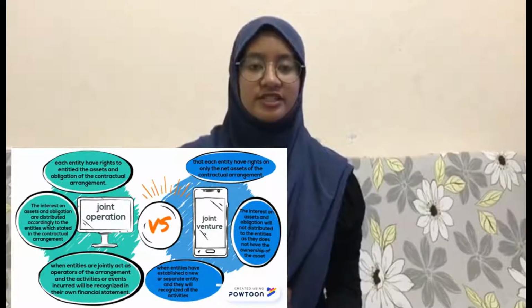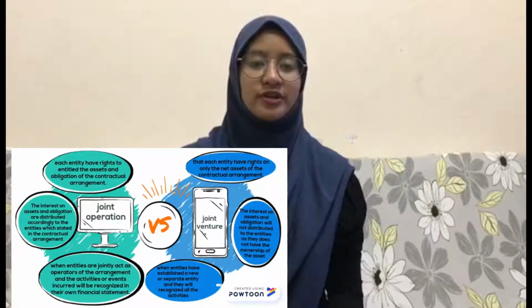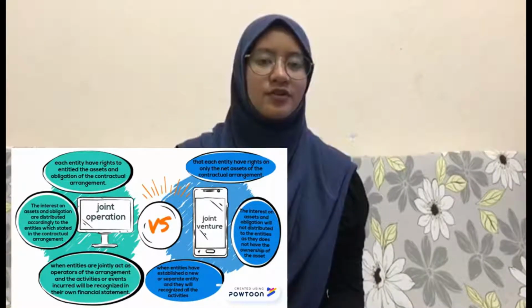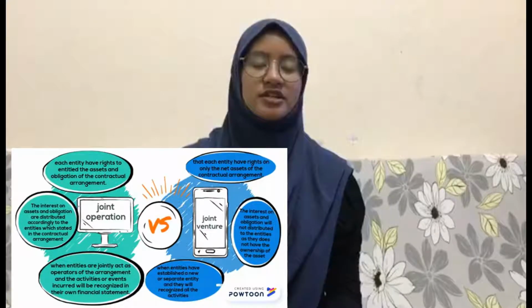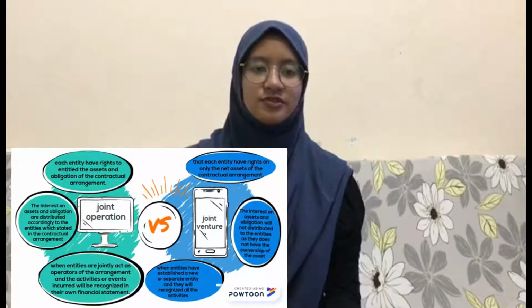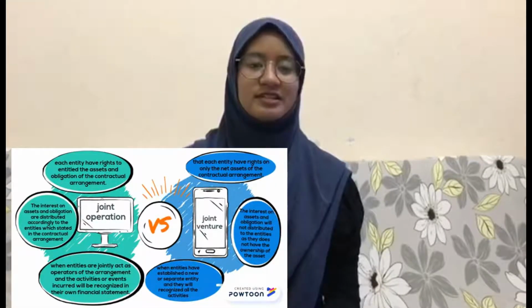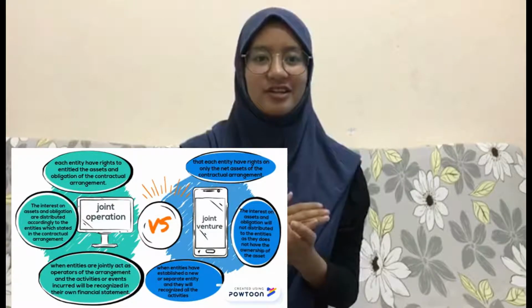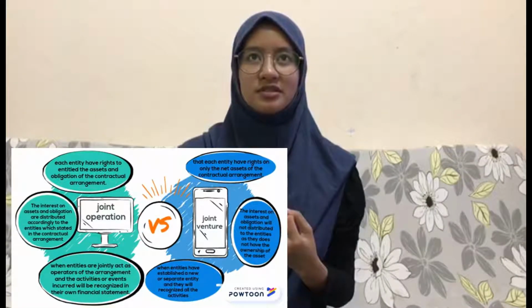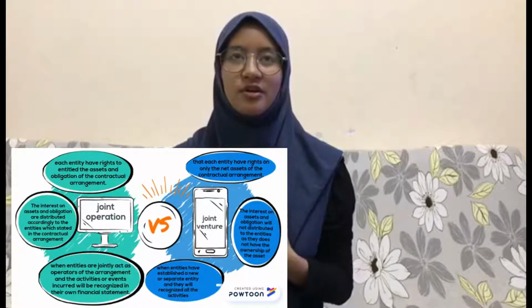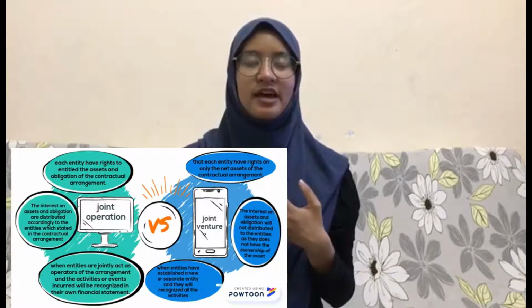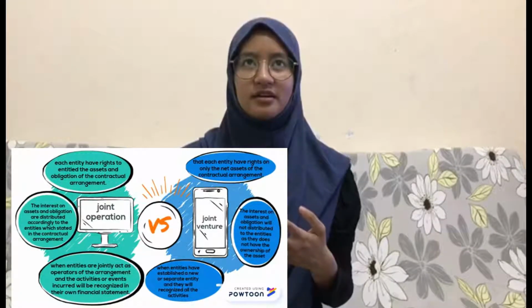To explain the difference between two types of joint arrangement based on rights of assets. There are two types of joint arrangement, which are joint operation and joint venture. The definition of joint operation is that the parties have joint control over the arrangement, which means they can make a decision or vote in the meeting, while C cannot make a decision.